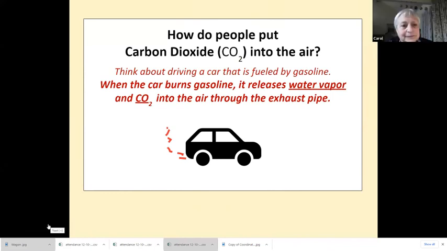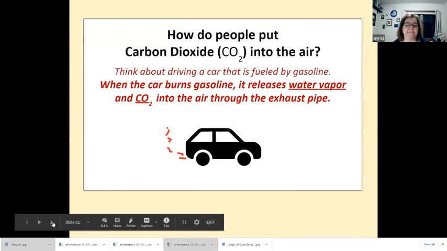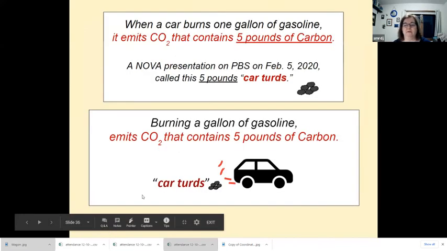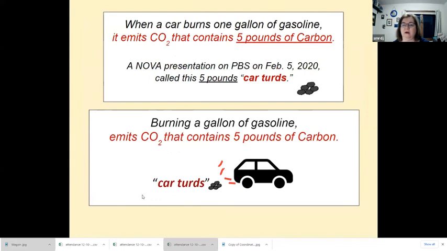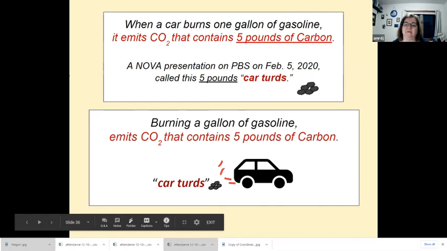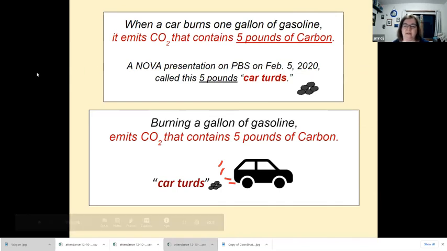And it's all released through the exhaust pipe. So when our car travels, we are outputting about 5 pounds of carbon dioxide, or carbon, excuse me, for every gallon of gas. And we're going to show a NOVA presentation, and they refer to this carbon as car turds.